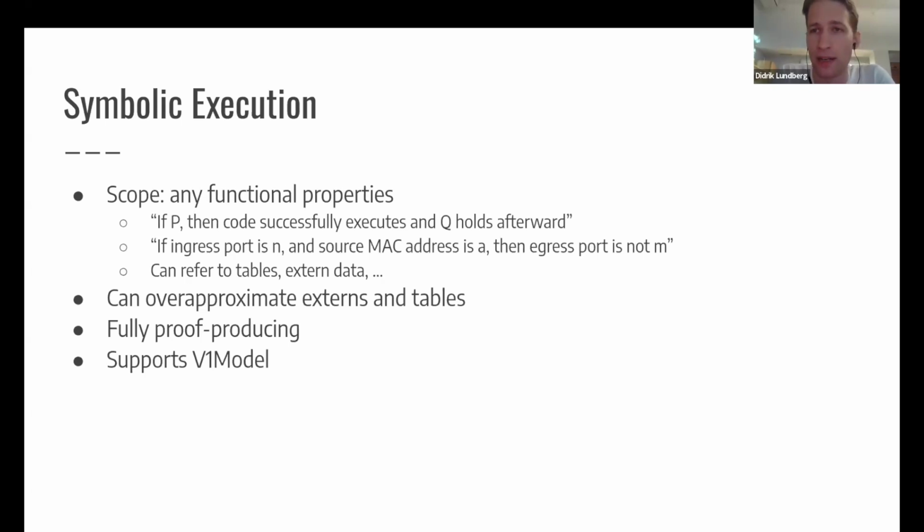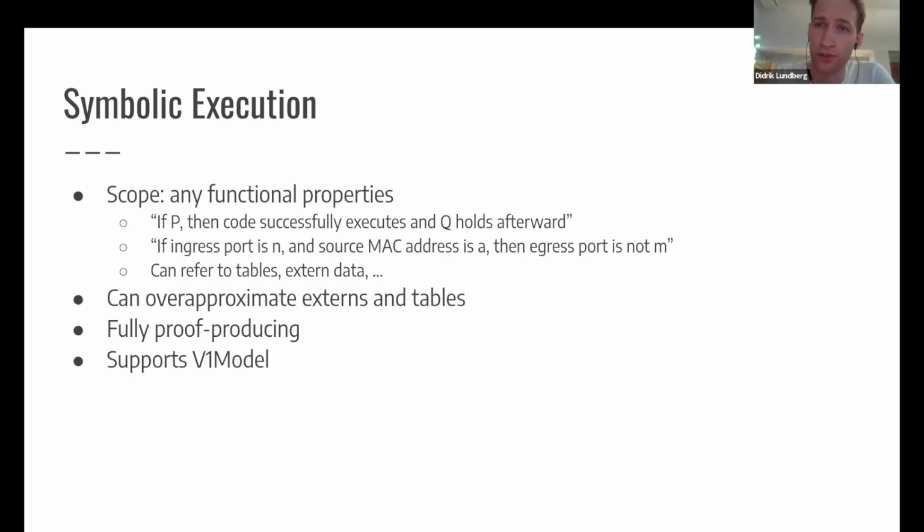And similarly for externs, their effects can be automatically over-approximated so that if, for example, you're computing a checksum, the symbolic executor would just say, well, there exist bits such that the checksum computes the result of those bits. And then you just move forward with the proof from there.